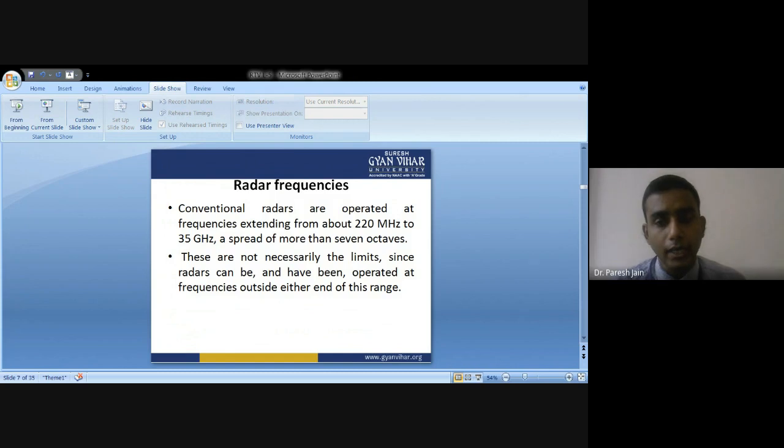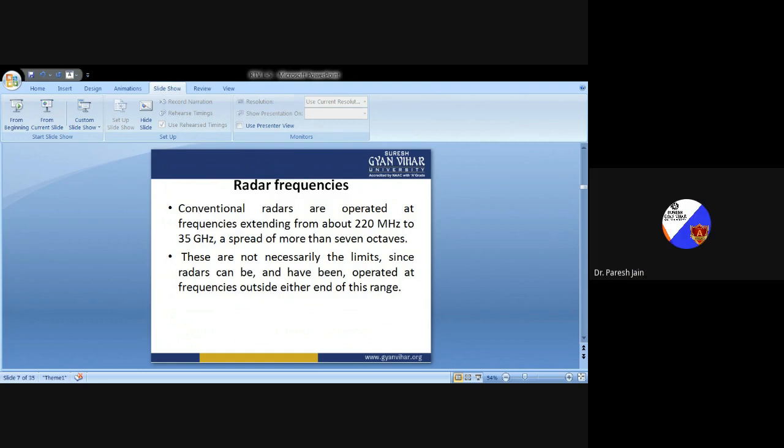In the lower part, we have shown the frequency bands: 30 hertz, 300 hertz, 3 kilohertz, 30 kilohertz, 300 kilohertz, 3 megahertz, 30 megahertz, 300 megahertz, 3 gigahertz, 30 gigahertz, 300 gigahertz, and 3000 gigahertz.